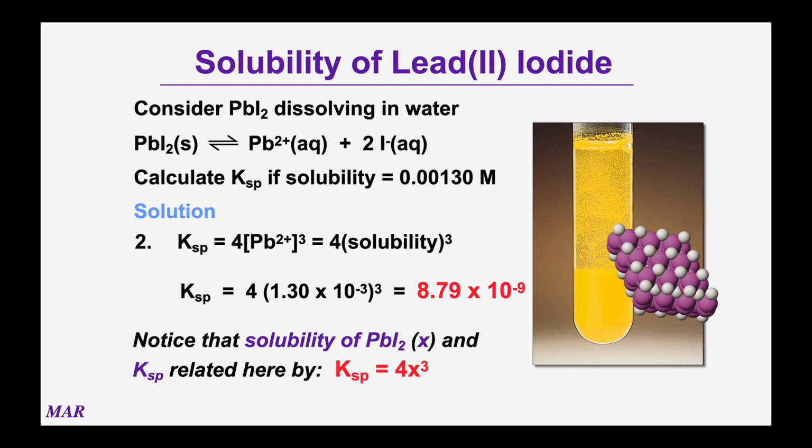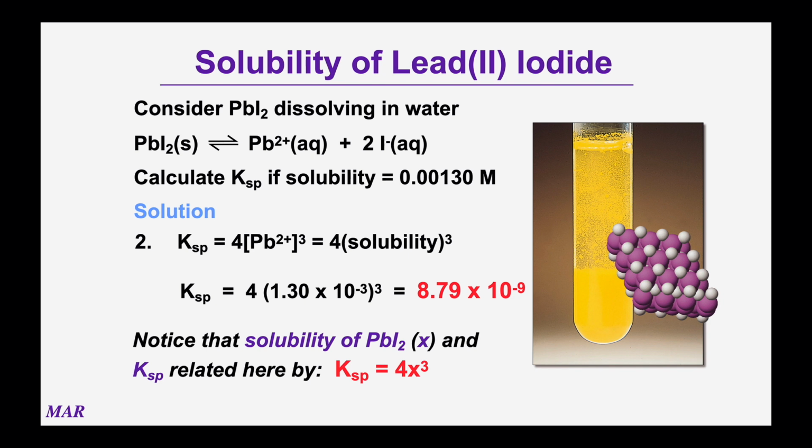So in this problem, solubility was related to PbI2, and if you think about solubility as X, KSP equals 4 times x to the third power. The solubility to the third power times 4 equals KSP. And you're probably like, what are you doing, Russell? Have you been out smoking or something? And no, just say no, kids.